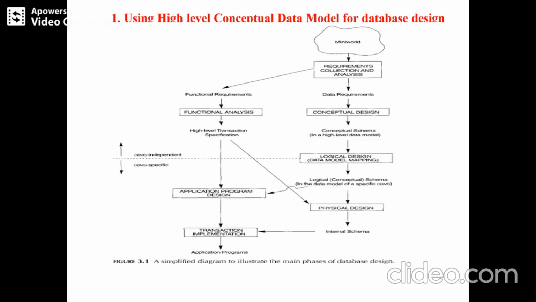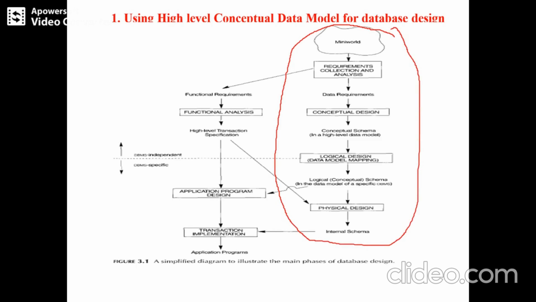Second is designing of transaction processing, which is considered as a front-end component. You can see here this total part we can call a backend design, and this total part we can call front-end design specifications. So that is DBMS independent and DBMS specific.